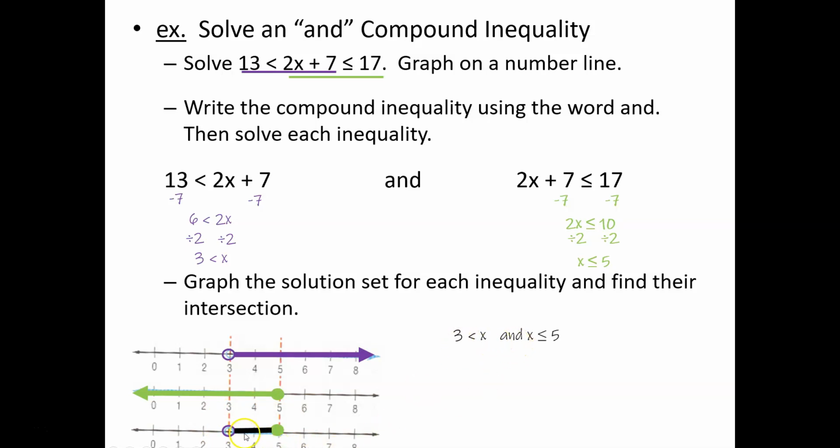We're looking at the numbers that are greater than 3 and less than or equal to 5, which we have an x here and an x here, and our inequalities are pointing in the same direction. So we can lump them together like that. There's your final answer.